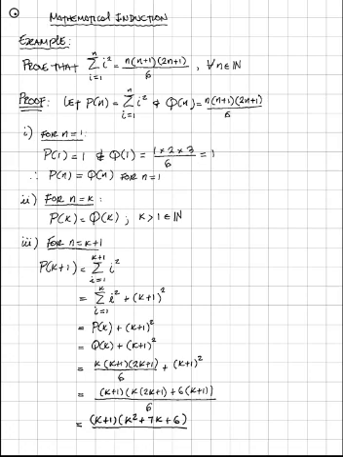That will simplify to (k+1), and then (k+2). This is a quadratic trinomial, and that will simplify to this, and then 2k plus 1 plus 1, so it's going to be 2k plus 3, divided by 6.